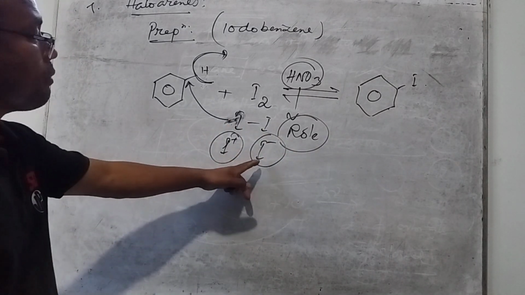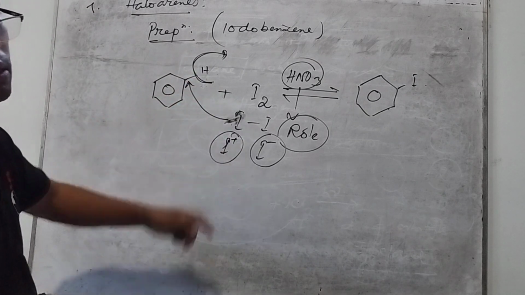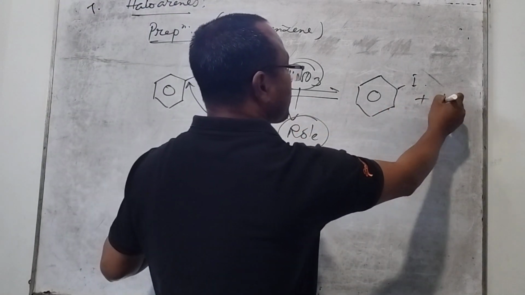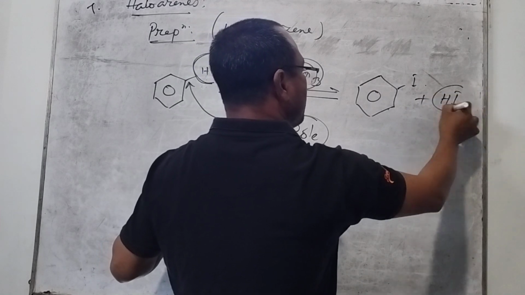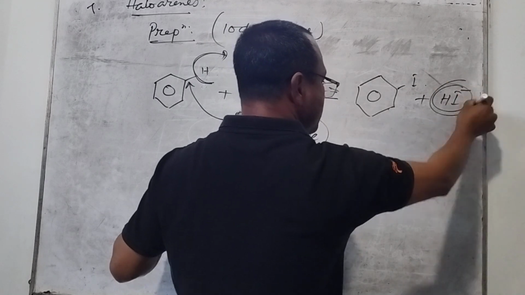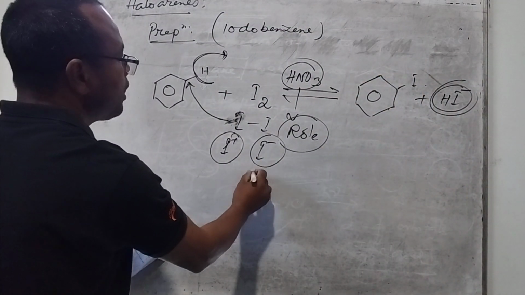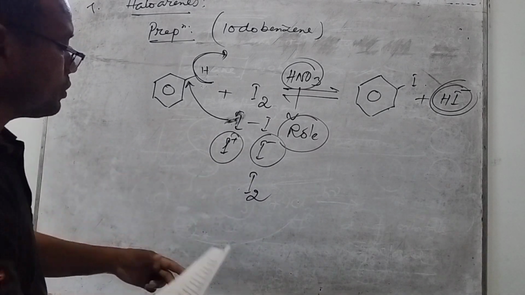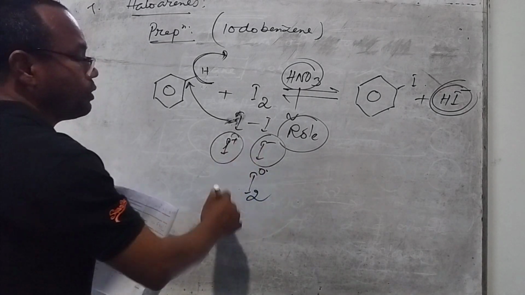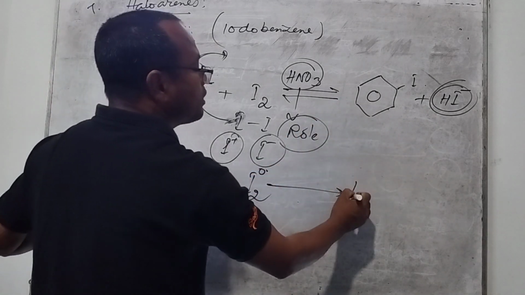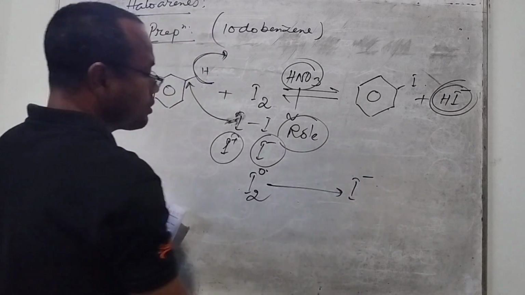So here this I minus replaces this H plus, so now what will be the product? HI. So what will be this? This is the minus, right? So this is the iodine, so what is the iodine here? So this iodine 0, this iodine 0, oxidation number is 0, that another iodine is I minus.